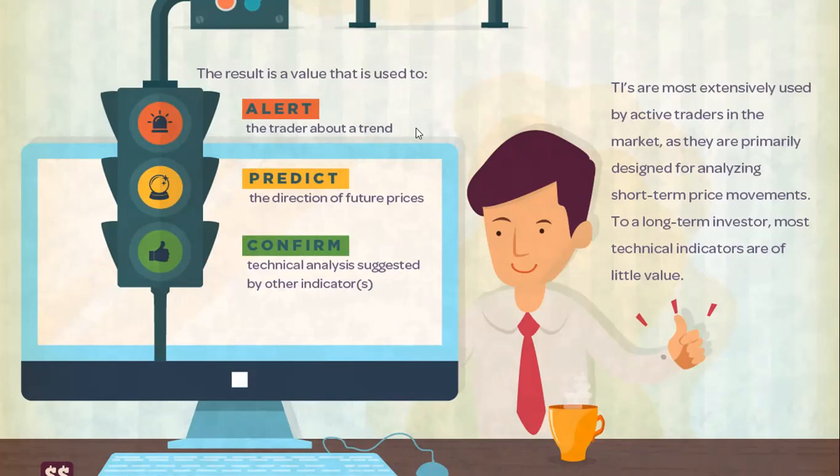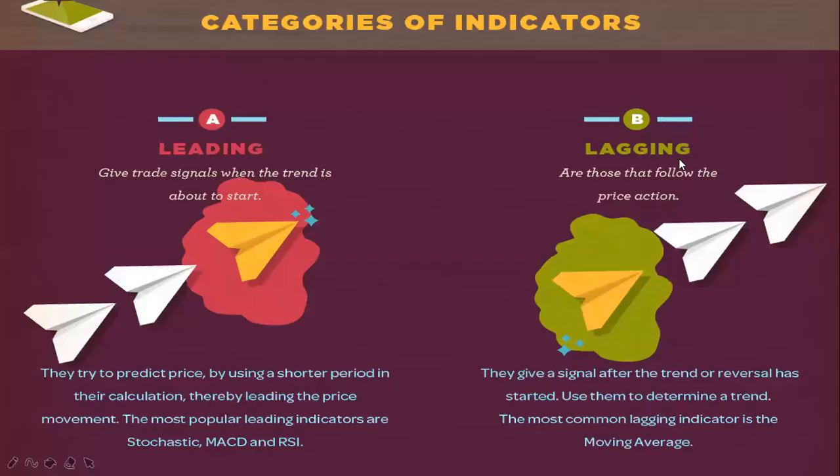So let's go to the next slide. We have categories of indicators and types of indicators. These are the categories of indicators. The first category is leading indicators, and the second category is lagging indicators. With the leading indicators on your left, that is red. When we say something is leading, it means it's ahead.